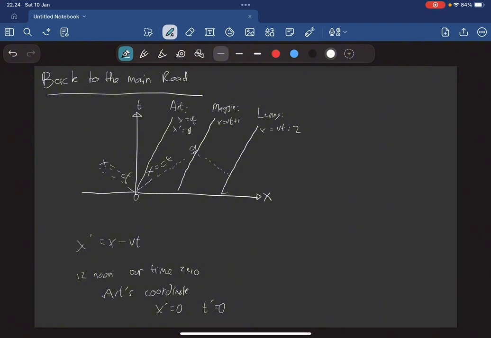In this figure, from what point must Lenny send his light signal if it is to reach Maggie at the same time? We can find out by working backward. The world line of any light signal that Lenny sends to Maggie must make a 45-degree angle to the x-axis.